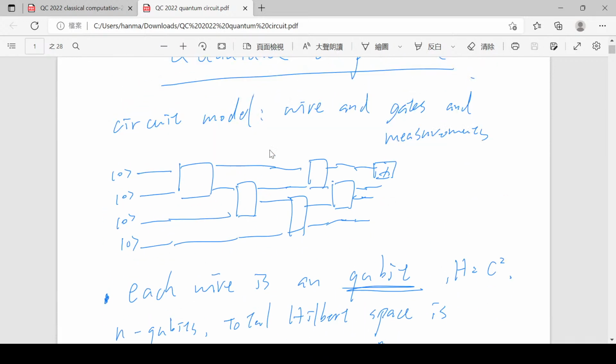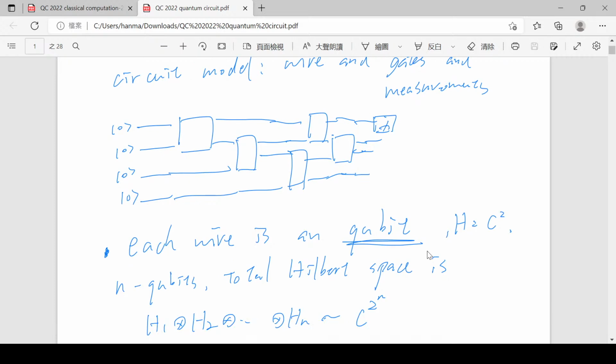Let's talk about the elements. Each wire now is quantum, so it's carrying 1 qubit of information. In classical, each wire carries 1 bit. Now it's 1 qubit. And we are pretty familiar with this qubit Hilbert space now. It's a 2-dimensional Hilbert space, and all the Bloch sphere and the things.